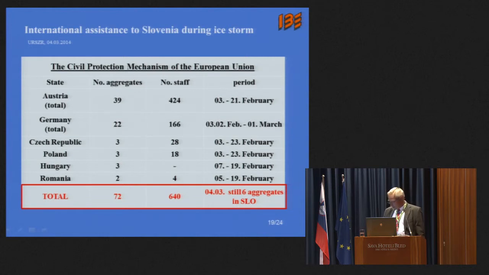And on this table you can see how it works. We got 72 aggregates this way, together with 640 staff supporting the work of these aggregates for this period, for 3 weeks, 1 month paid. Then it was given back.